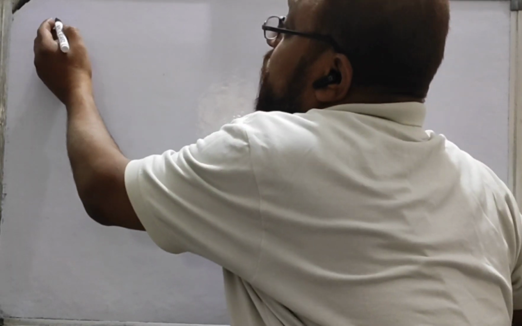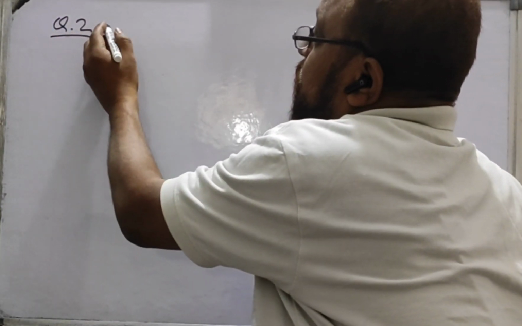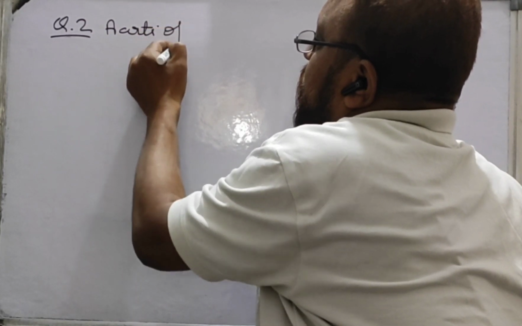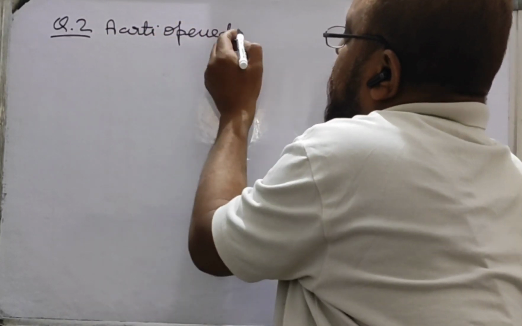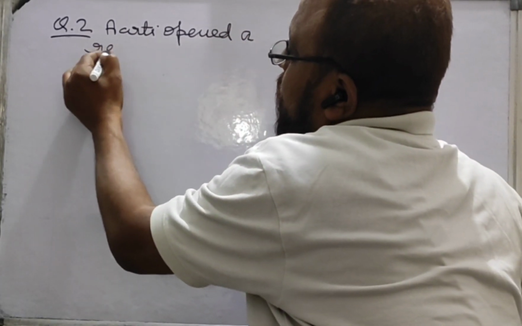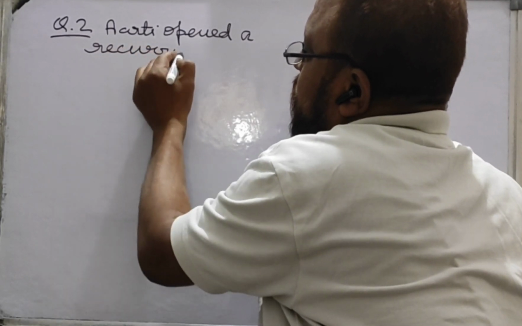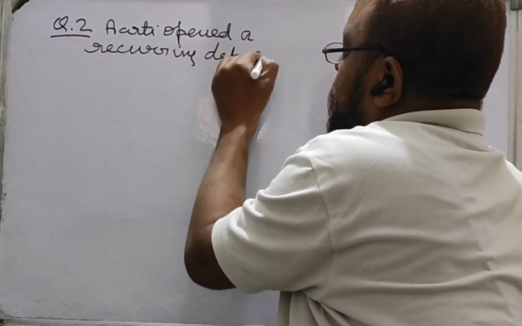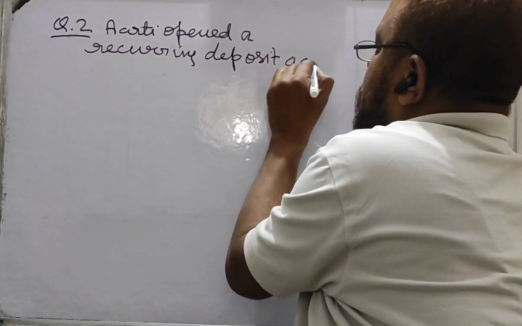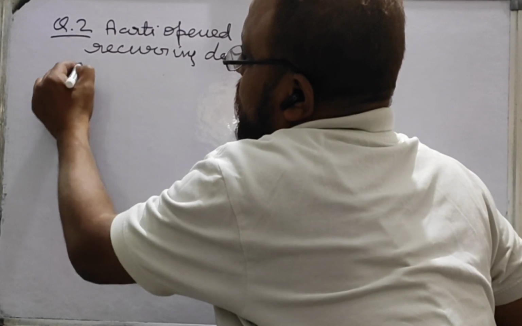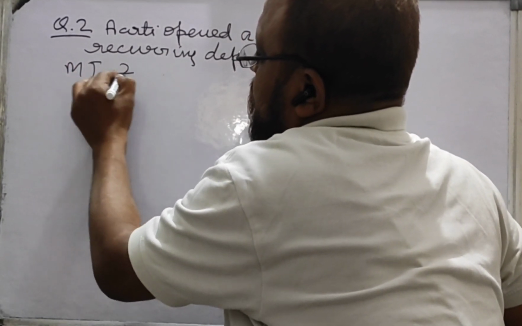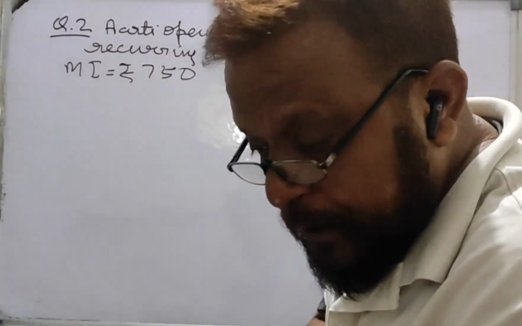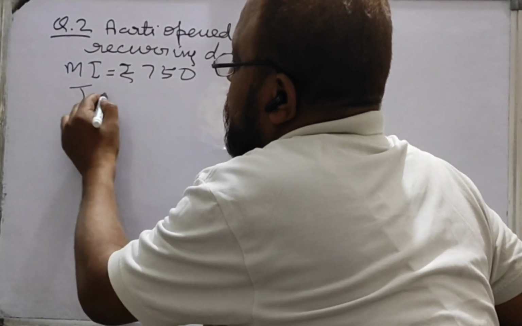The monthly installment is rupees 750, and the time is 1.5 years.